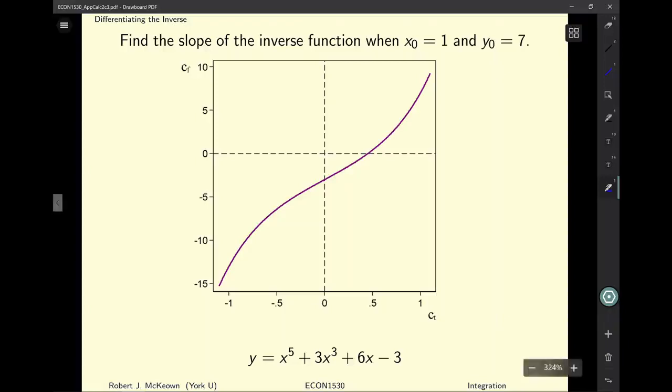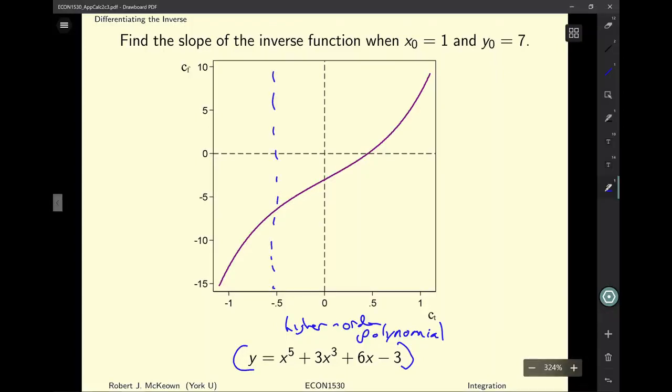All right, here's our example. So we've got this function. It is a higher order polynomial. And what can we say about it? Well, one, I gave it away. It's a function, right?